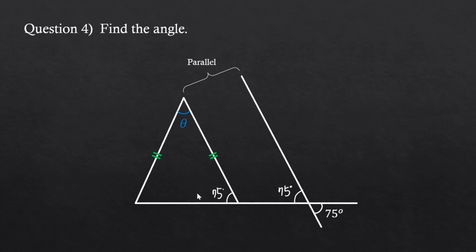The total angle in a triangle should be 180 degrees. And because this is an isosceles triangle, this angle should also be 75 degrees, right?